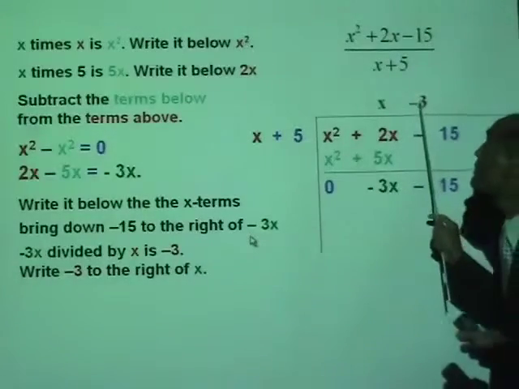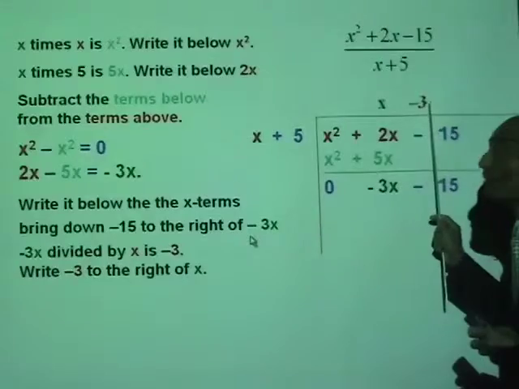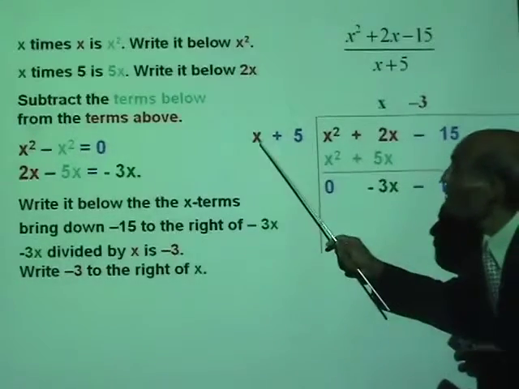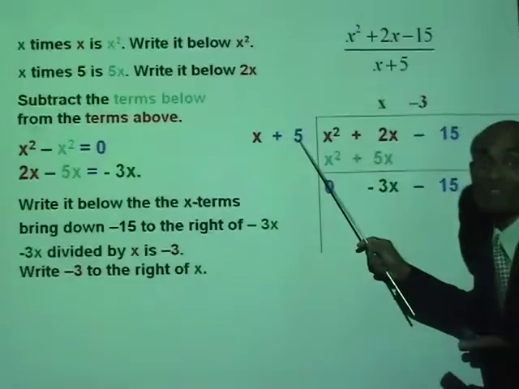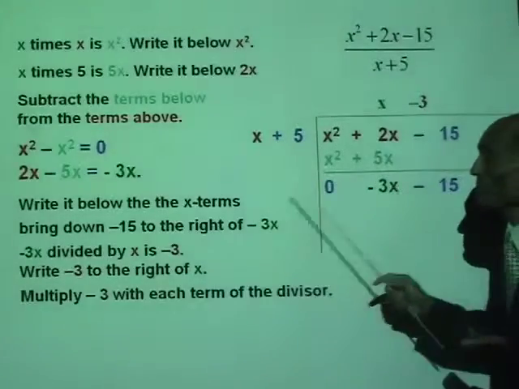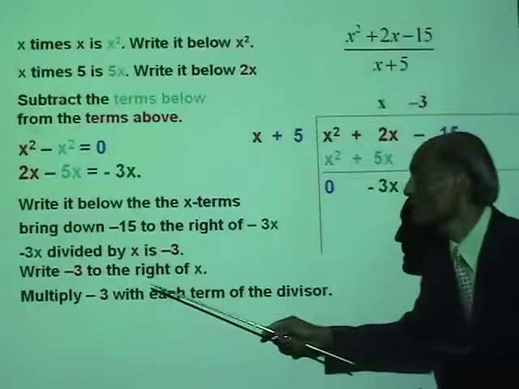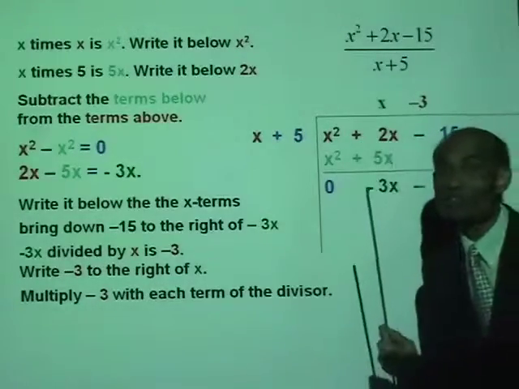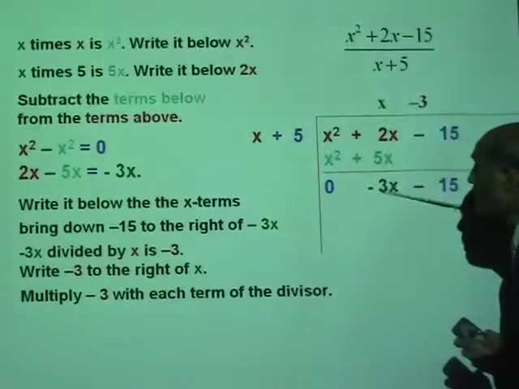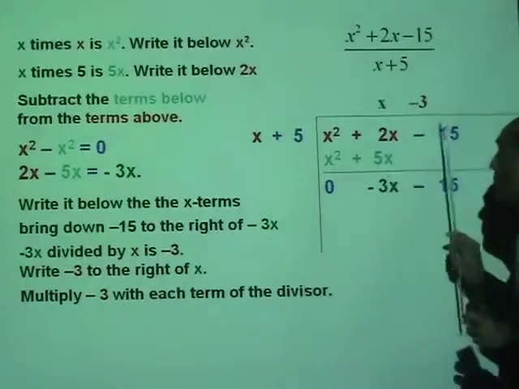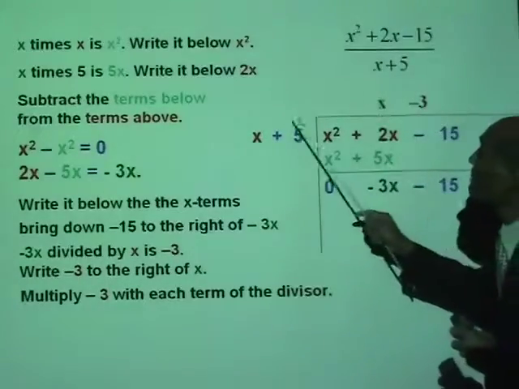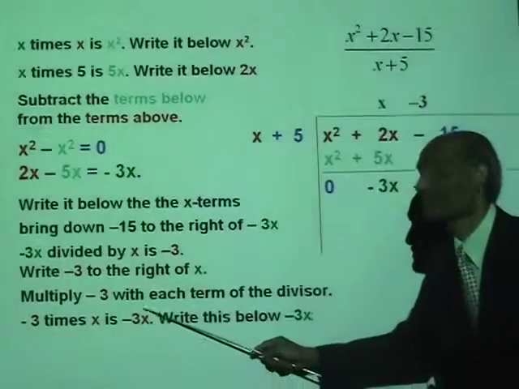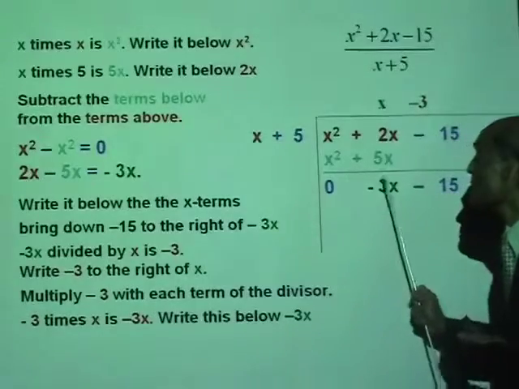What do we do with this negative 3? Now, you multiply this negative 3 with each of the terms of the divisor. Multiply negative 3 with each term of the divisor and write the result where? Below like terms. Negative 3 multiplied by x will be negative 3x. Where do I write that negative 3x?